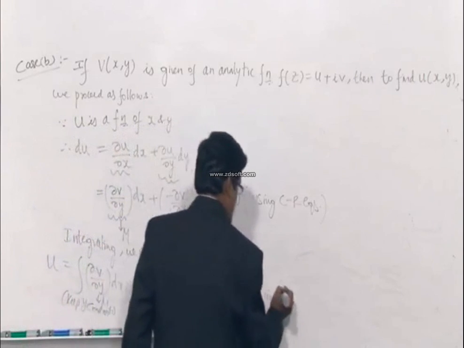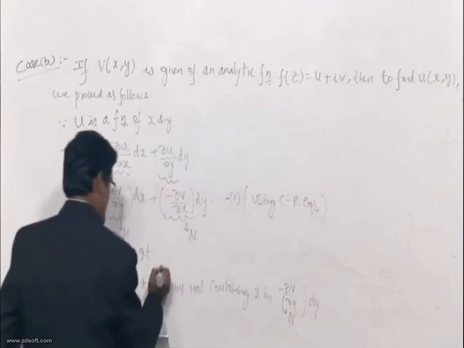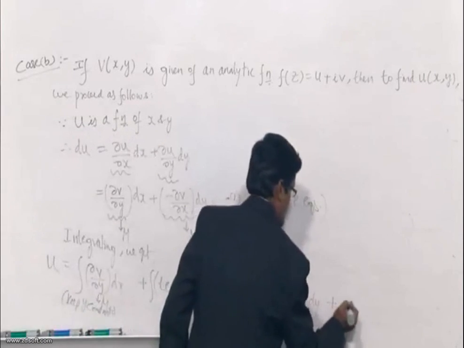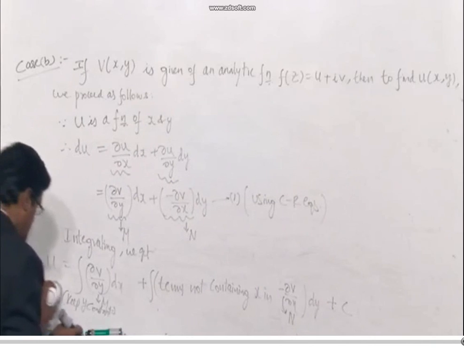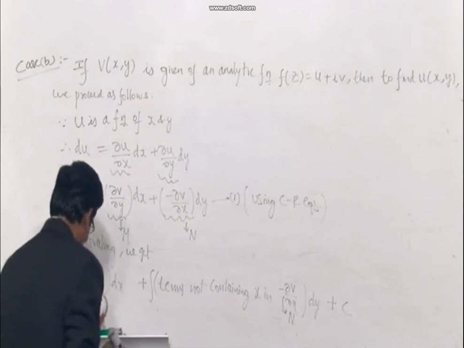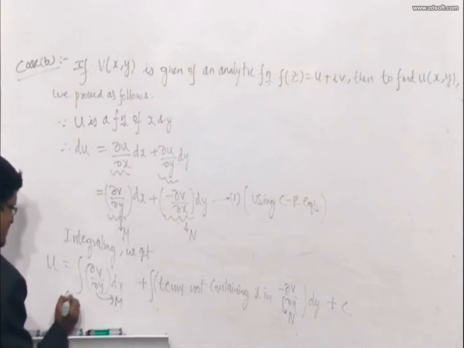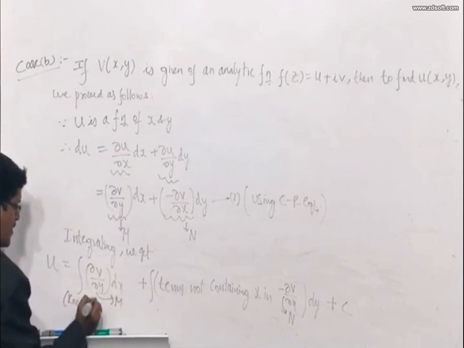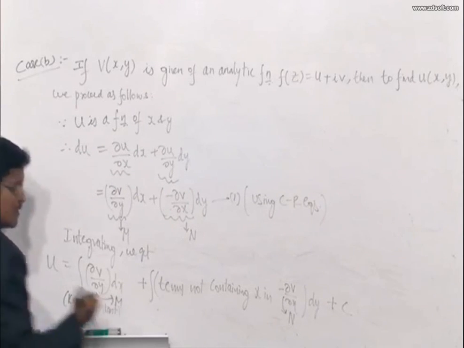What is n here? Minus dou v by dou x. This is your n. Integrate all terms with respect to y, plus c. This is the procedure to find u whenever v is given. This is m into dx, keep y constant.